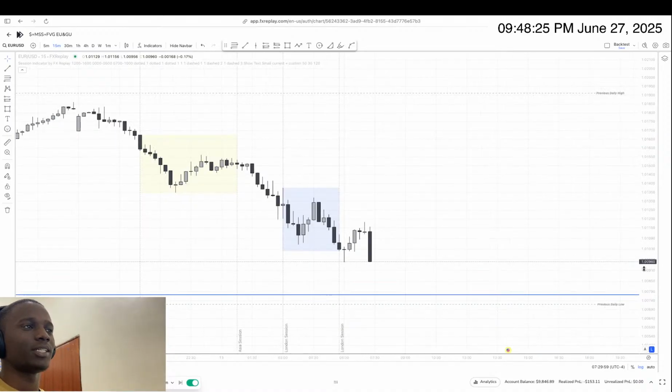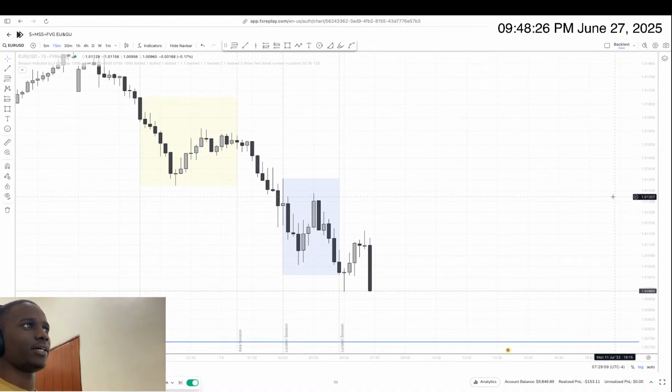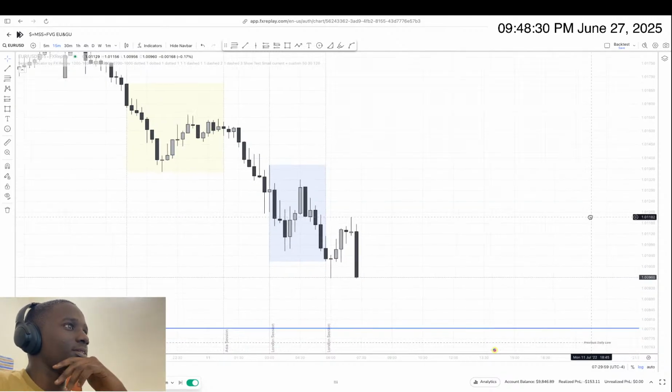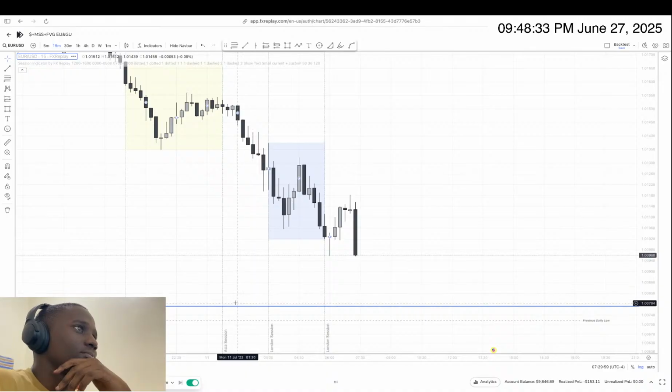Well, apparently we didn't take out any crucial high, so there was no sweep of liquidity at any point. We're just getting breaks of structure, retracements to fair value gaps, and this really looks nice.